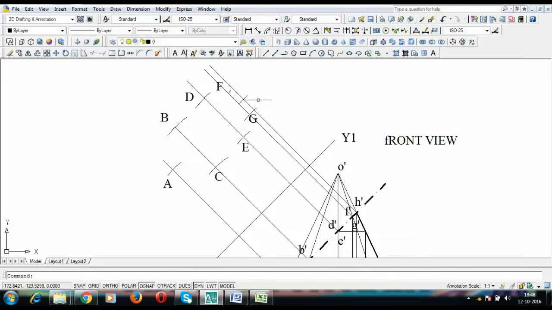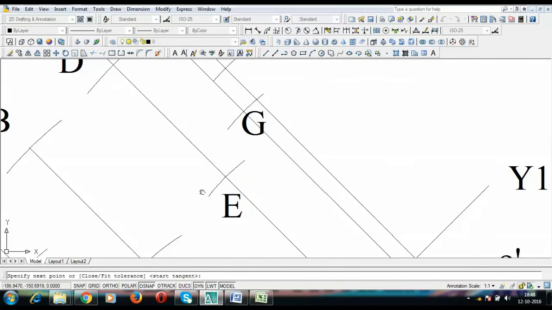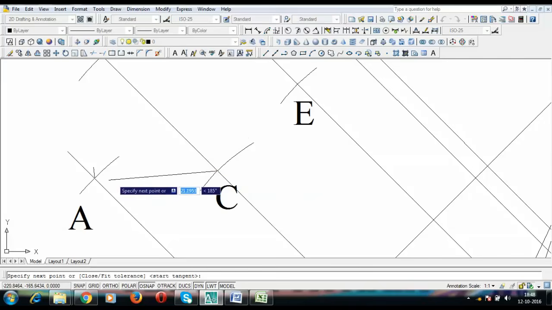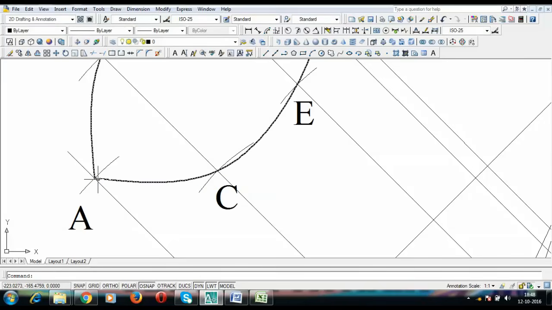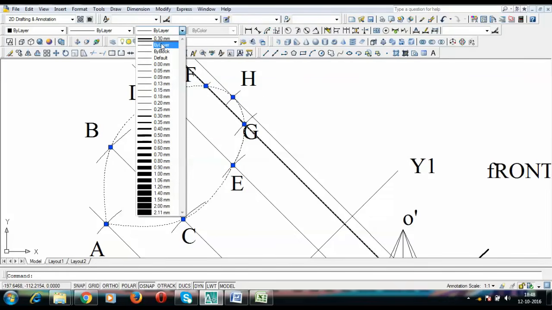That's it. So guys, this is our final point, point H, and we're now going to join all these points with the help of a smooth curve. Let us do this quickly. Okay, so this was the curve, or this is the section that has been generated.